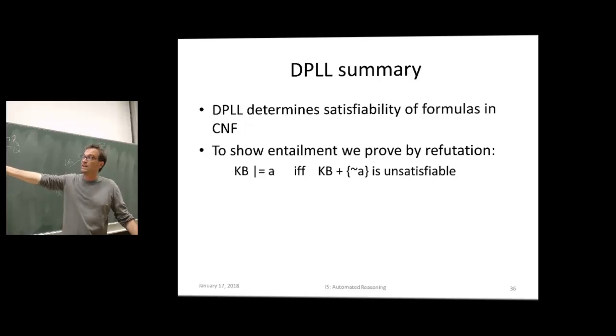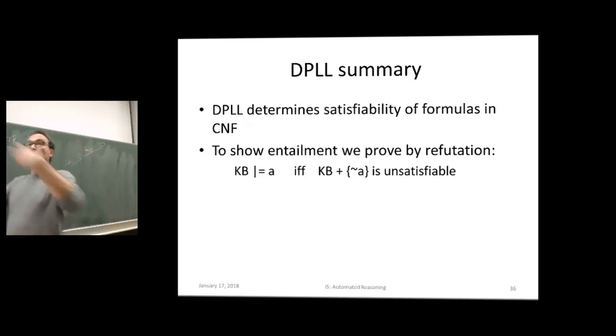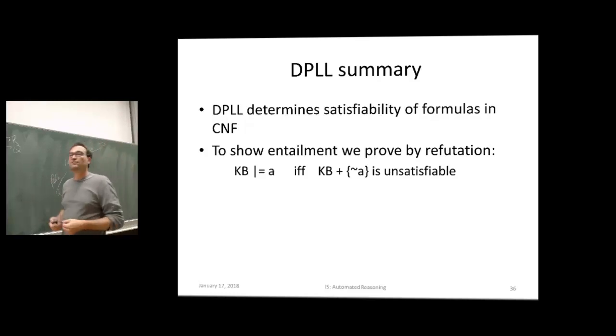In order to show that a formula R follows from a knowledge base, you have to negate R, add it to the knowledge base, and show that the whole thing is unsatisfiable. So it's proof by refutation. You suppose that your formula is false, and if you show that it's unsatisfiable, then you can conclude that the formula has to be true, given your knowledge base. So those are the practicalities you need for running this.